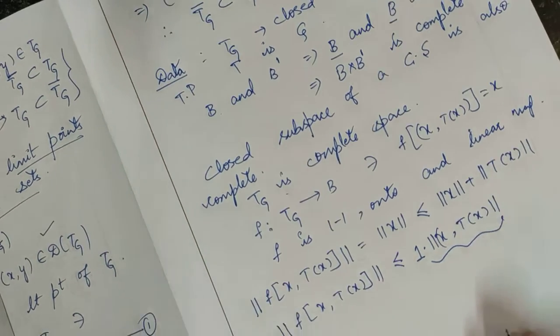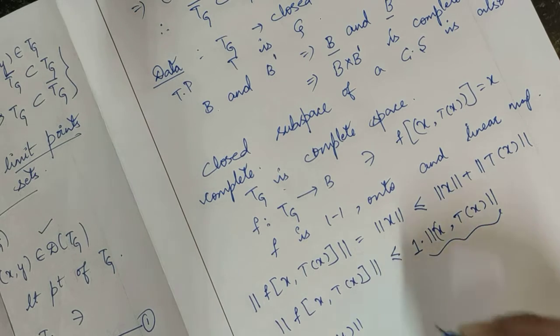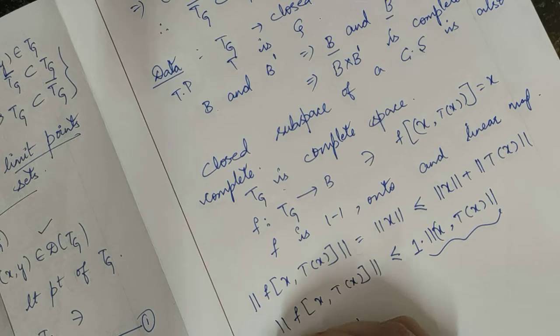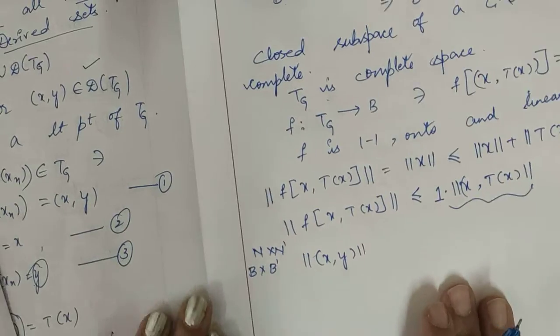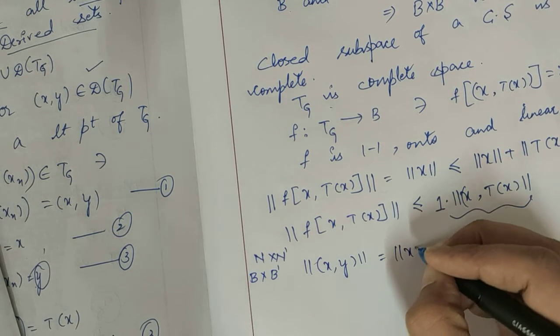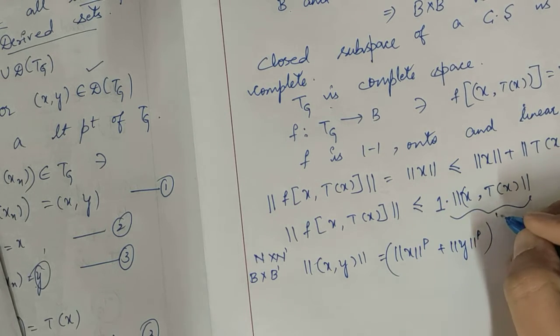We can write this because we know that norm of x comma y, if I consider a product topology of B and B prime, we can write norm x comma y is equal to (norm x^p plus norm y^p) whole power 1 by p.